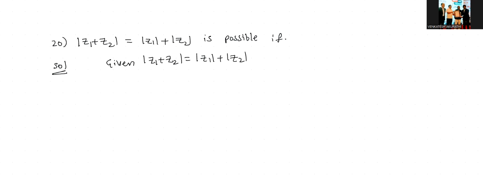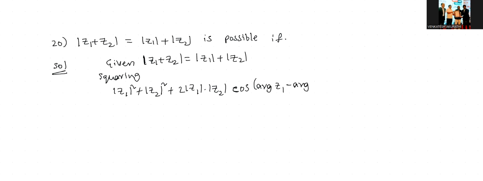Squaring, mod z1 square plus mod z2 square plus 2 into mod z1 into mod z2 into cos of (argument of z1 minus argument of z2) is equal to, squaring the other side too, mod z1 square plus mod z2 square plus 2 into mod z1 into mod z2.